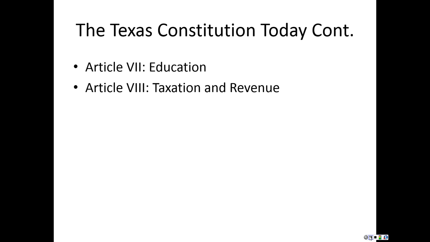Article 8 stipulates that revenue garnered from an income tax must either be dedicated to education, so it must be used for schools, or else it must be dedicated to tax relief. If we pass an income tax and we're not going to use it for education, we must reduce the tax rates somewhere else.